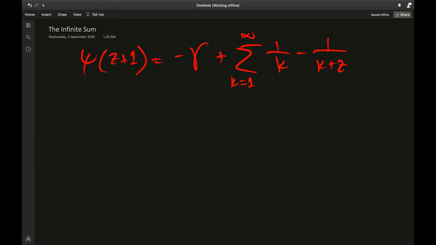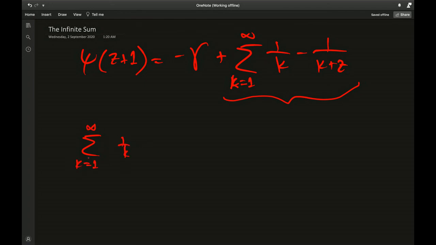Okay, so since every digamma formula had this infinite sum in it, why don't we try to generalize this guy? Remember the induced telescoping series that I had for the digamma of 5 halves. I'm going to try to generalize for some z, k plus z in the denominator. So I'll have sum 1 over k, and all these sums are going from k equals 1 to infinity.